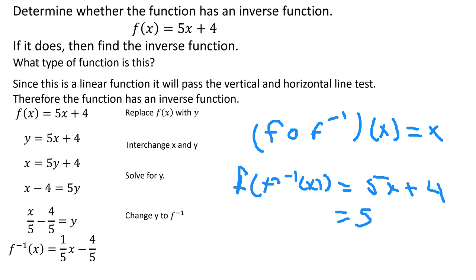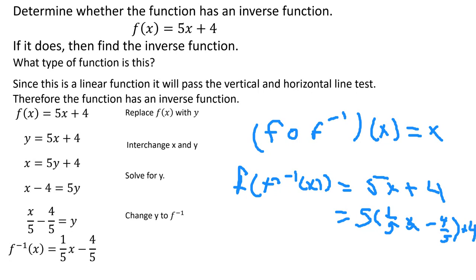So I have 5 times 1/5 x, minus 4/5, and then plus 4.